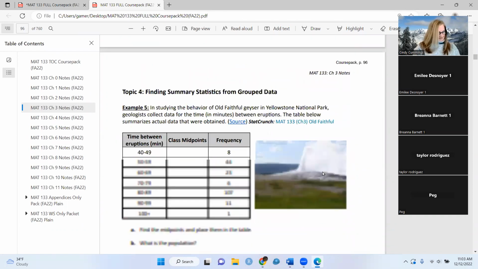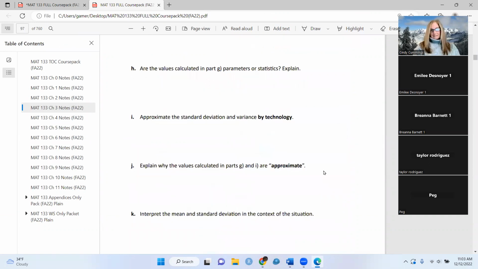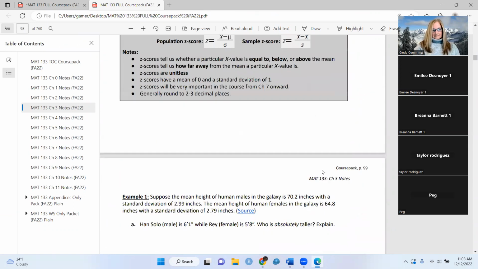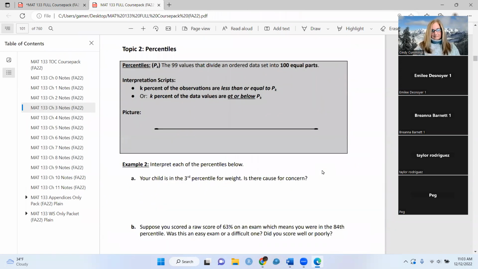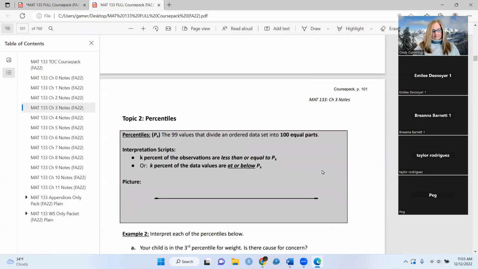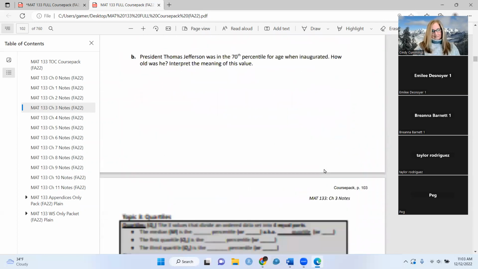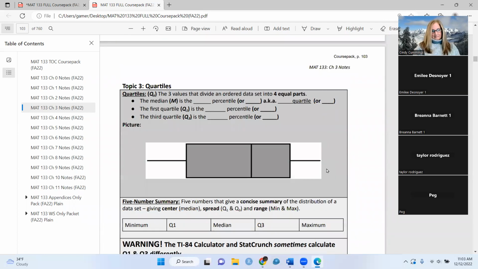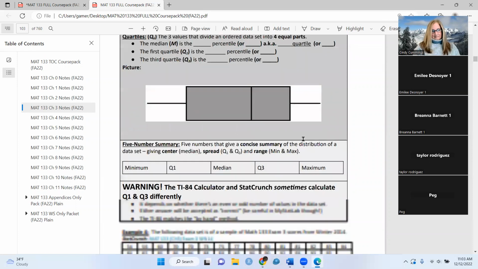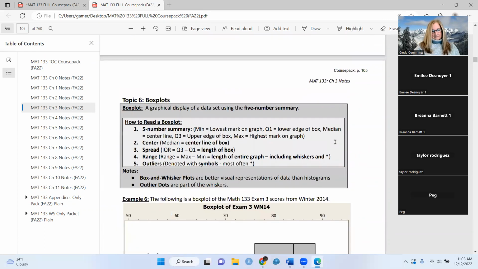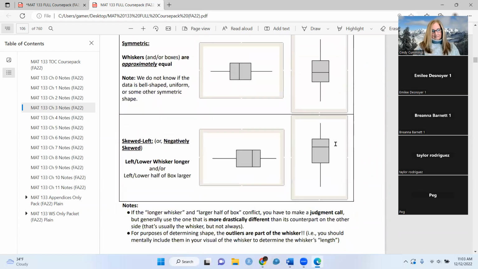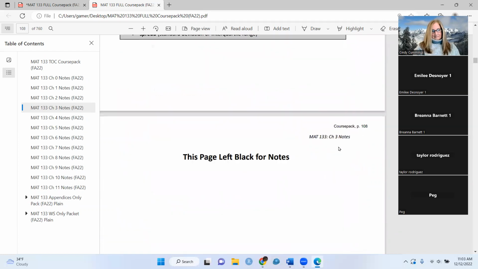And we're going to the notes for where it showed us how to do that. And so I'm about to find it. Here. Page 107. There we go. Here's the reminder of what they are and the interquartile range and the box plot. And I don't know why I'm not just typing page 107. There.